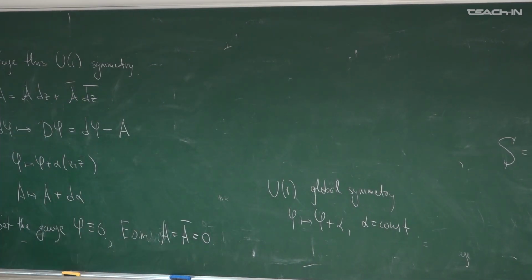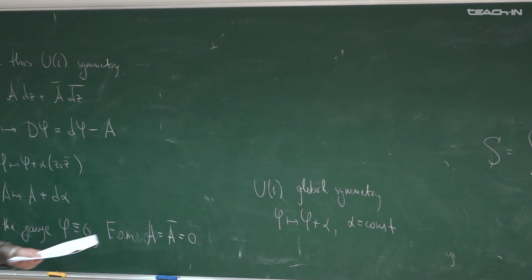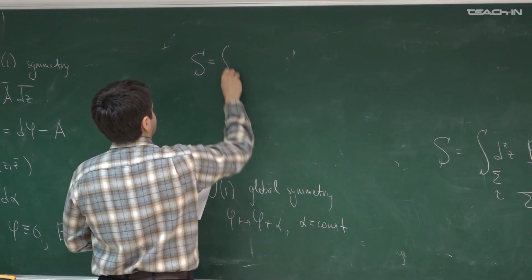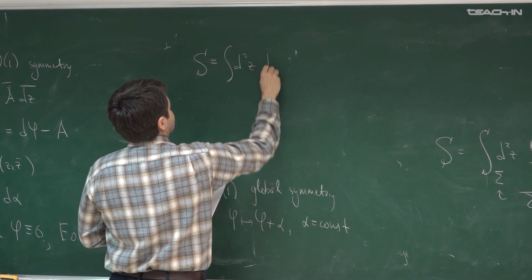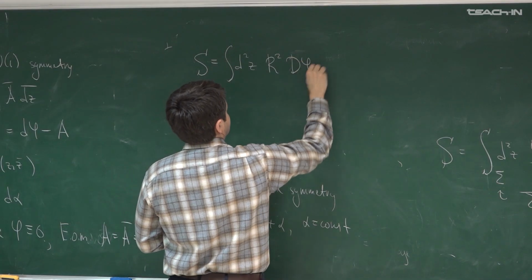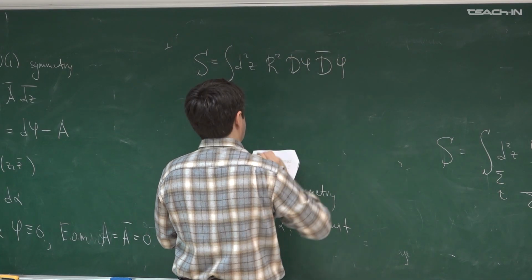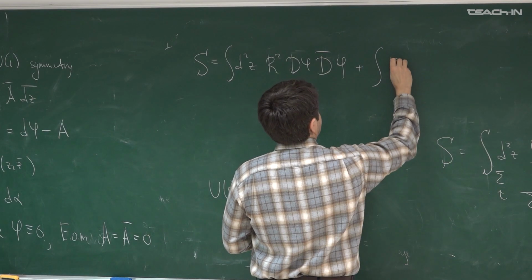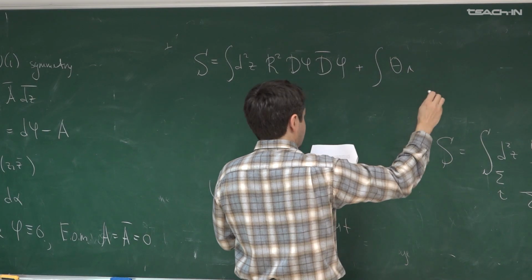Well, let's write the action in the following form. So we have this first gauged piece, so this is d phi, d bar phi. But now we'll also introduce a term, theta, which is A minus d psi.